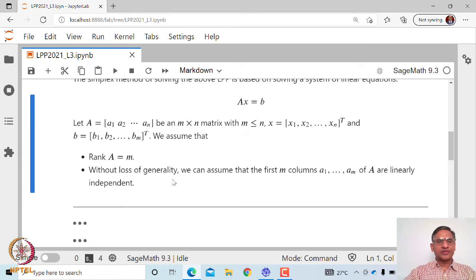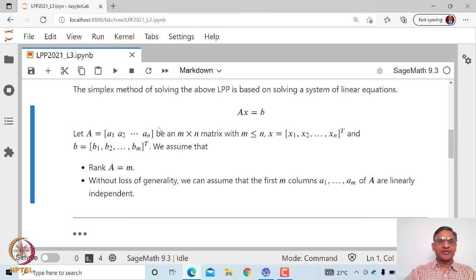And let us further assume that the rank of A is m, that is A is a full rank matrix, and since the rank of A is m, A will have some m linearly independent columns. Let us assume that the first m columns of A are linearly independent, in the sense that A1, A2, ..., Am form a basis of Rm.